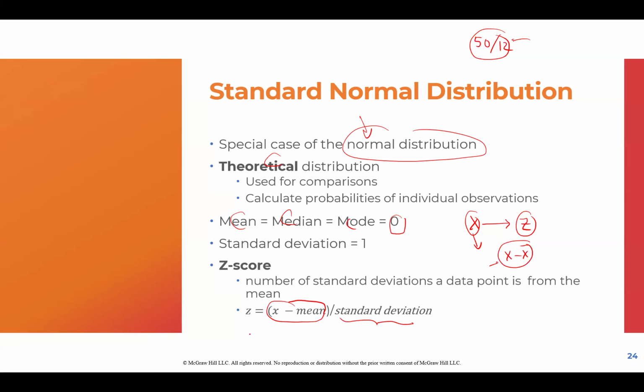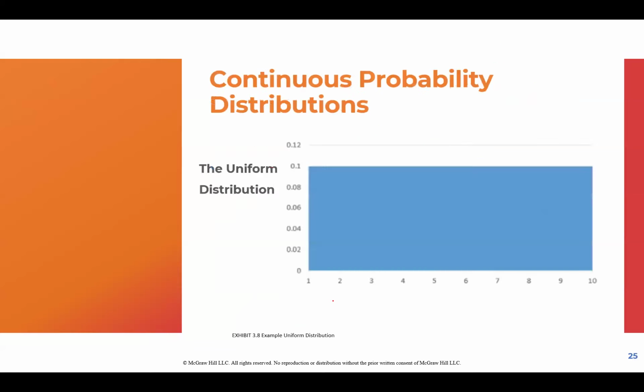So the Z value, or Z score as people normally call it, is the number of standard deviations of the difference between x and x bar. Sigma is the standard deviation. How many standard deviations is the deviation from the mean?